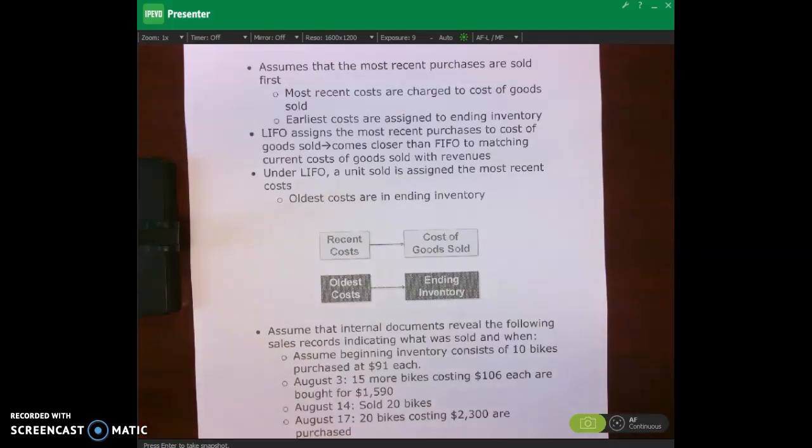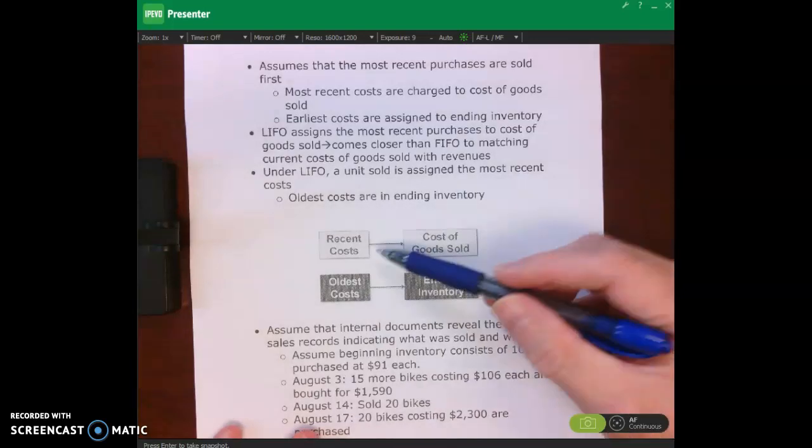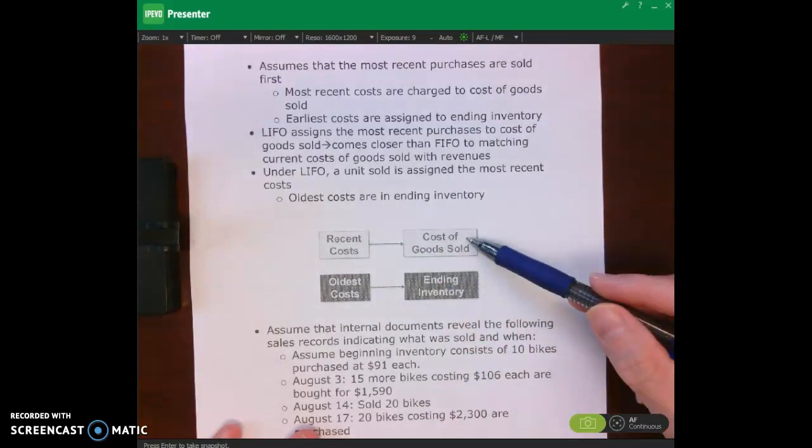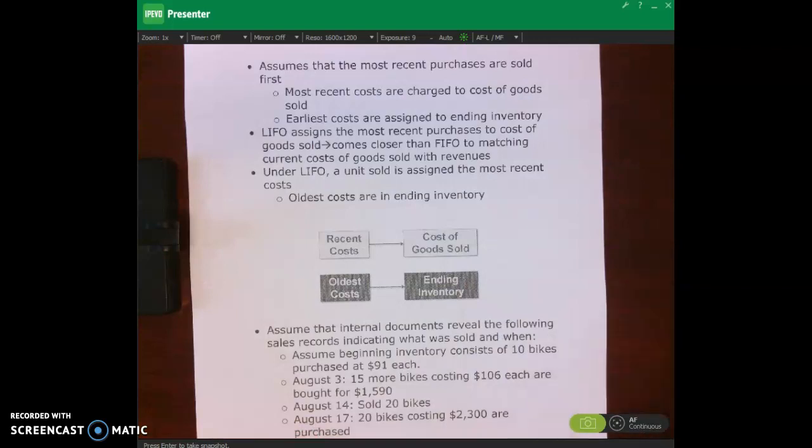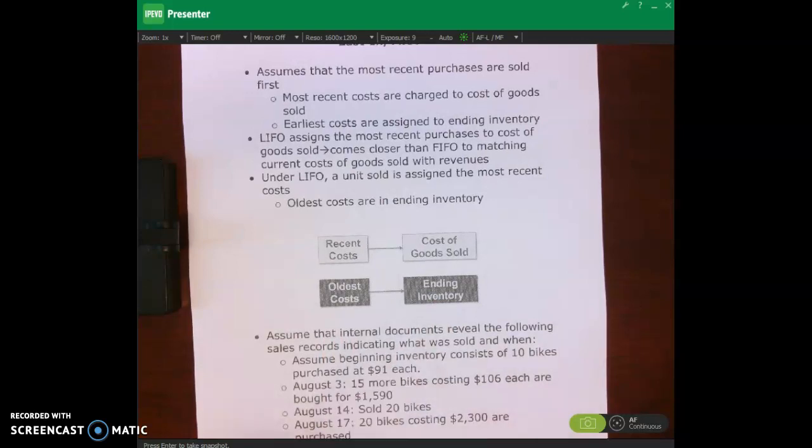With the FIFO table, we started from the top and worked our way down. With the LIFO table, we start at the bottom and work our way up, because the most recent purchases show up in cost of goods sold. We say we sell those most recent purchases. That's what we're assuming. The most recent purchases are the ones that we sell first. Okay, and then the oldest ones, like the beginning inventory, stay in ending inventory.